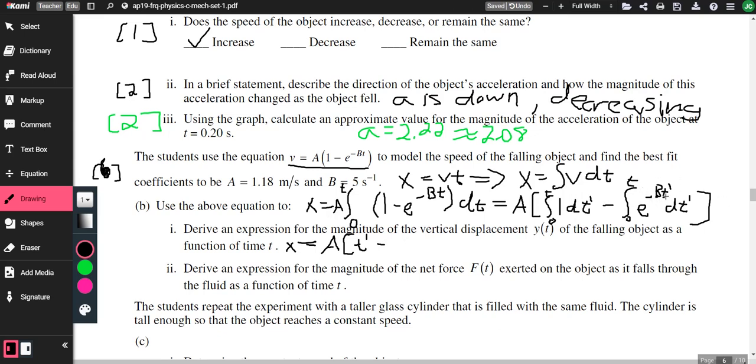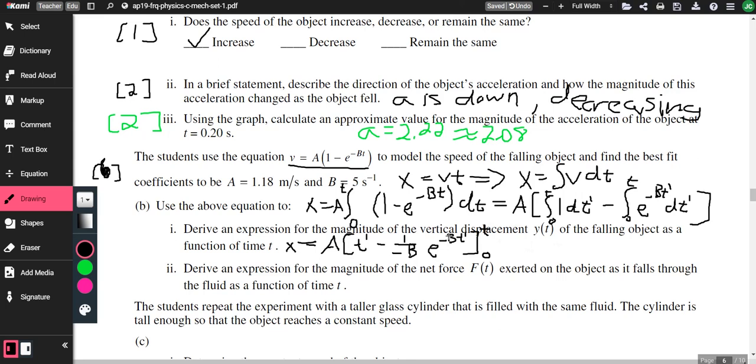But essentially what you're going to do is divide the coefficients. It's actually very similar to the quadratics. You're going to divide the coefficient by the derivative of the exponent. So it would be negative b, and then the e to the negative bt stays there. And this is going to be evaluated between 0 and t.